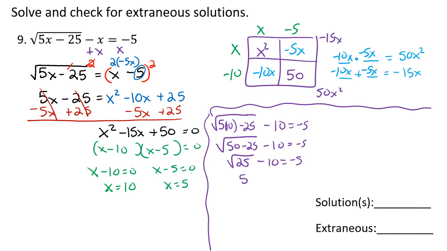The square root of 25 is 5. 5 take away 10 is negative 5. And so negative 5 equals negative 5. That makes sense. So I know that x equals 10 is a solution. Need to do the same thing for the 5. So wherever I have an x, I'm going to replace it with a 5.